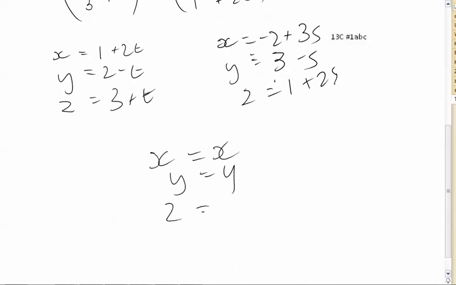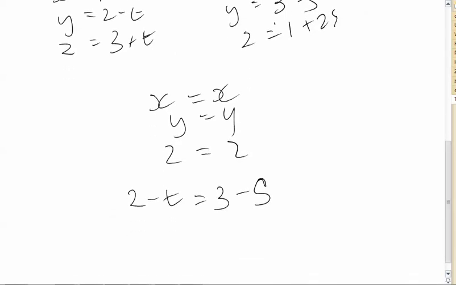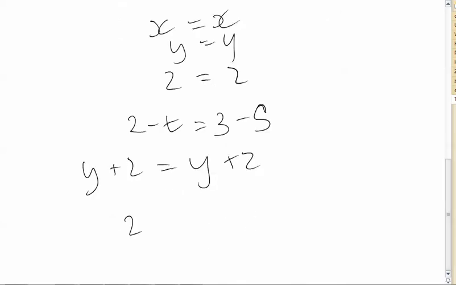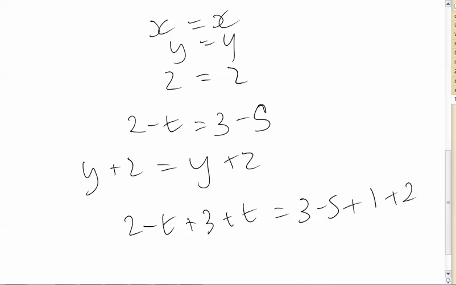So that would mean that for y, for example, 2 minus t should equal 3 minus s. And then if you put in the z, because if y plus z equals y plus z on both sides, so if you do 2 minus t plus 3 plus t equals 3 minus s plus 1 plus 2s.